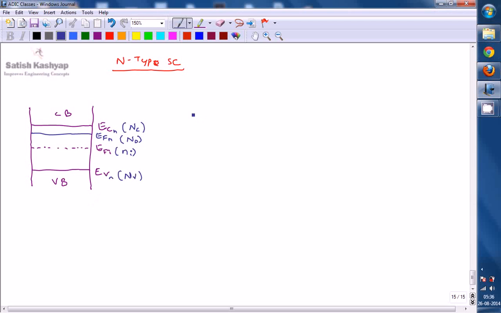Okay, so we can calculate the majority carrier concentration in n-type, that is the electron concentration, Nn, in the n-type semiconductor. Nn is approximately equal to Nd, the number of donors you are adding per centimeter cube, that is per unit volume. That can be calculated using this equation: NC into e power minus of (ECN minus EFN) divided by KT.